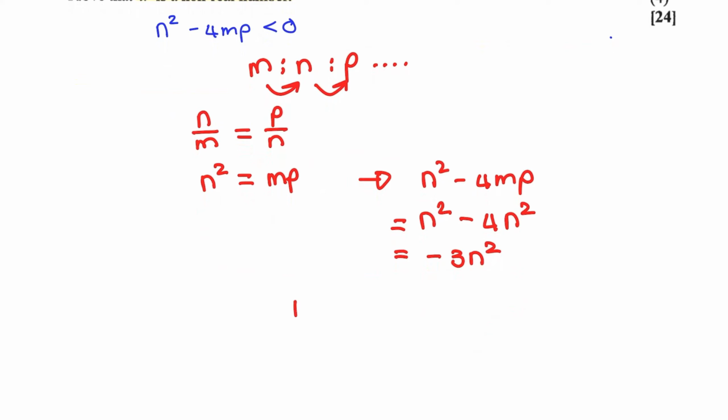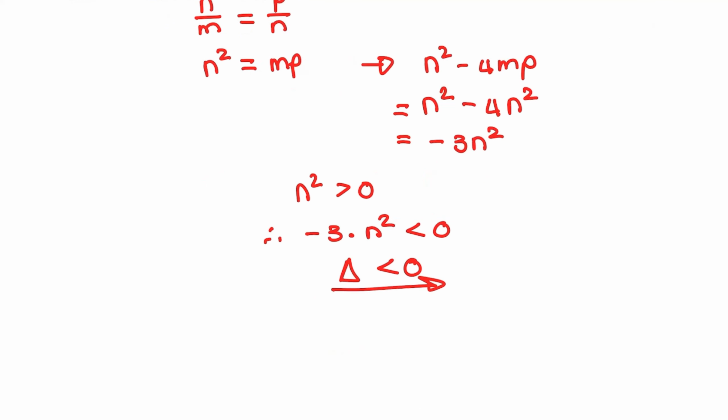And we know that n squared would always be bigger than 0, because any value that I square would give us a positive answer. Therefore, negative 3 times n squared would always be a negative answer, meaning smaller than 0. And now we have proven that delta is smaller than 0. And when delta is smaller than 0, we can say x is a non-real number.